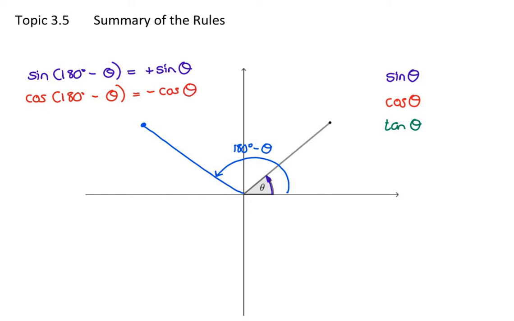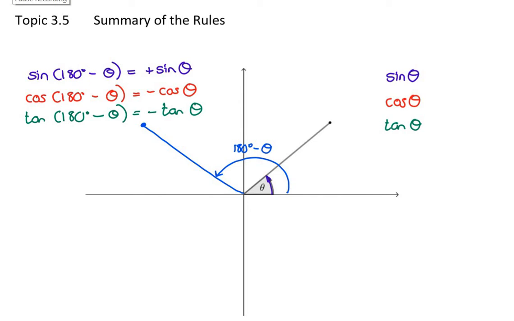It's just the negative cousin. And finally, if we look at tan of 180 degrees minus theta, again, this is the second quadrant, and tan is negative in this quadrant. So this will be the negative cousin of tan theta. So hopefully we start to become really comfortable with this, because basically it's all about what quadrant you're working in, and that dictates the sign.